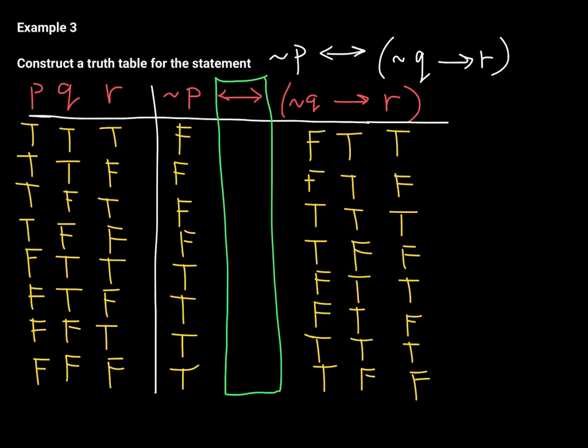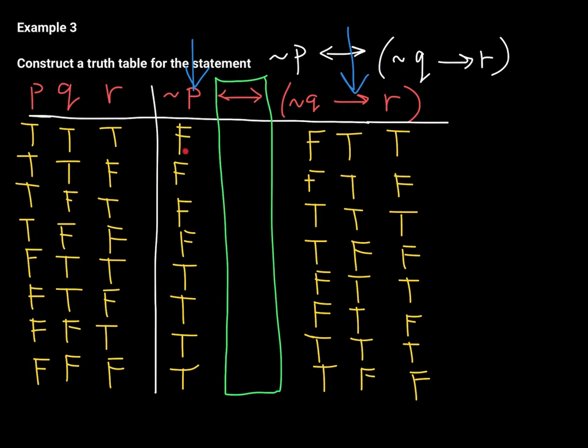All right. Now, in order to fill in the biconditional column, I need to compare this column here, not P, with this conditional column here. Now remember, a biconditional is true only when the antecedent and the consequent, this statement here and this statement here, have the same truth values.